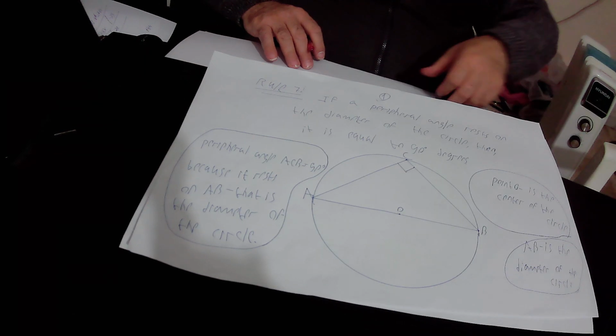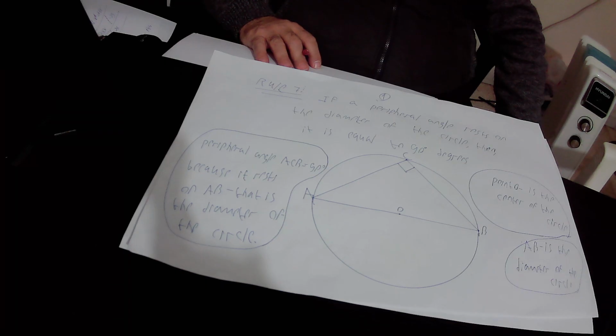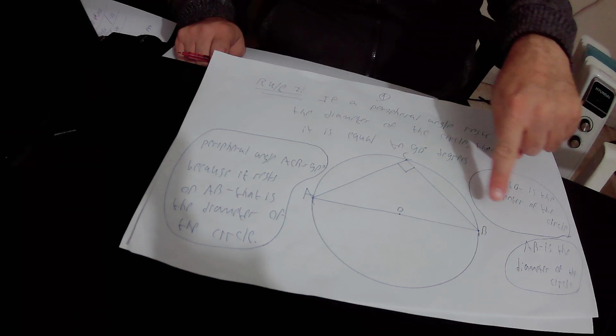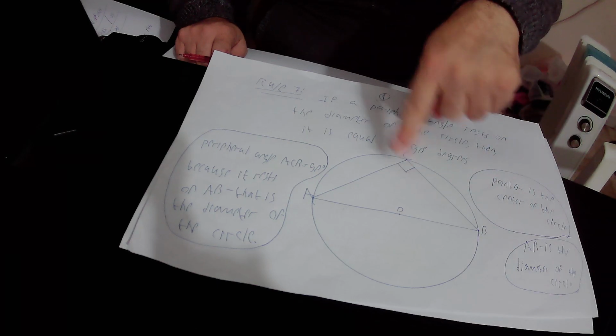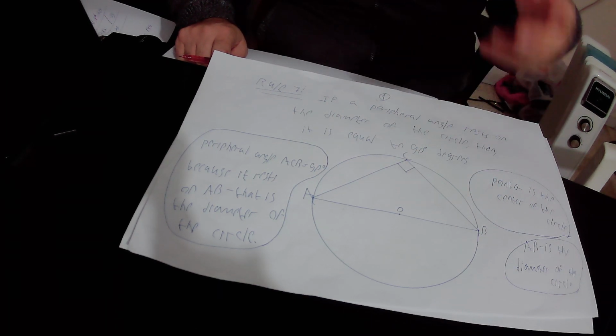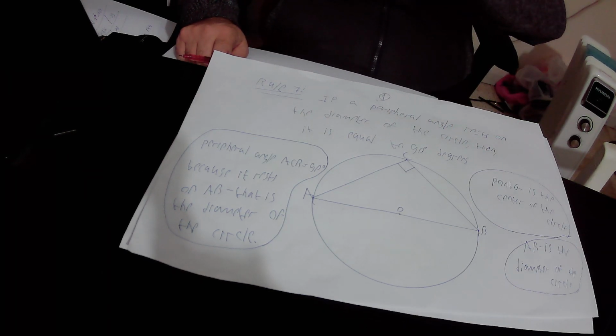According to rule number 7, if a peripheral angle rests on the diameter of the circle, then it equals 90 degrees. In the drawing we have peripheral angle ACB. This peripheral angle ACB rests on AB, that is the diameter of the circle, therefore peripheral angle ACB equals 90 degrees.